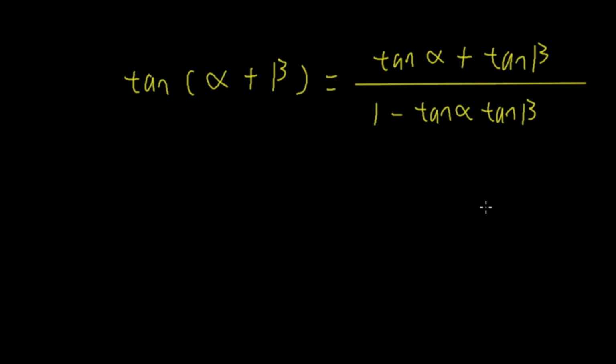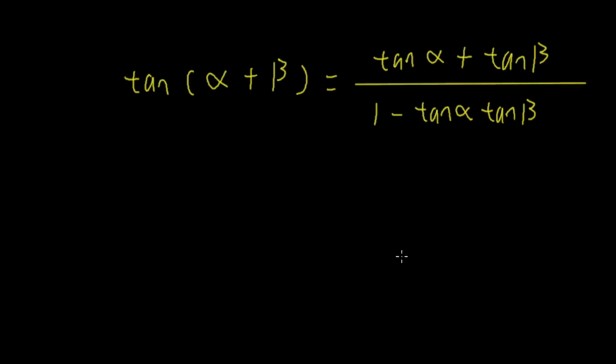What we are solving for is tan beta here. To do this, we have to find the value of tan alpha plus beta and the value of tan alpha. Then we can put them into this formula and isolate tan beta. Then we can find tan beta.